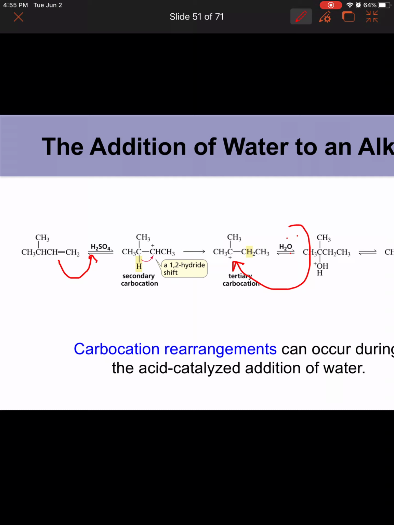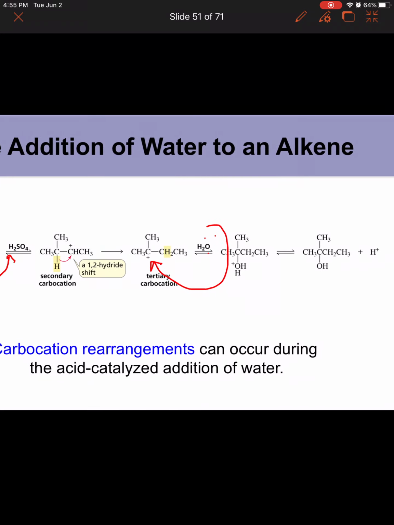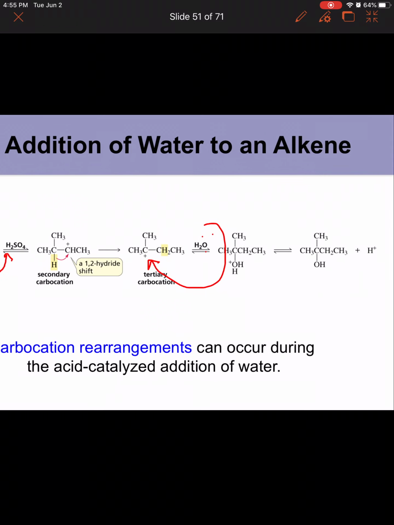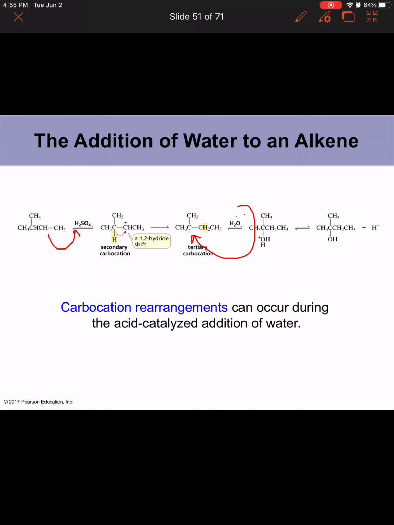So then you will see a water molecule, oxygen with 2 hydrogens, will end up on the carbocation, and then the additional hydrogen can be lost and we can have our alcohol made. And this is addition of a water molecule across an alkene. And you could see that the carbocation rearrangement did occur.